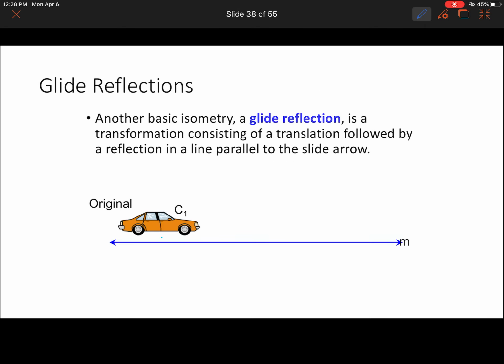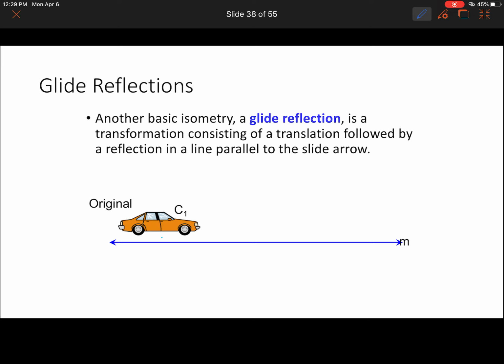Now, let's get into another type of transformation that you could see. It is what we call a glide reflection. A glide reflection is another isometry, okay, just keeping the same shape but moving its location. And what a glide reflection does is it uses a translation where it slides and then also reflects, where it flips over.